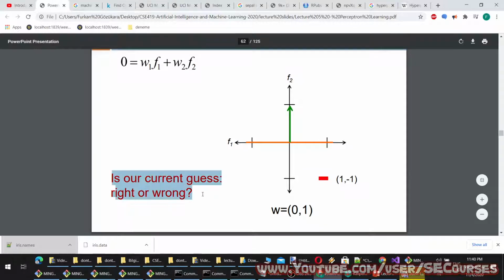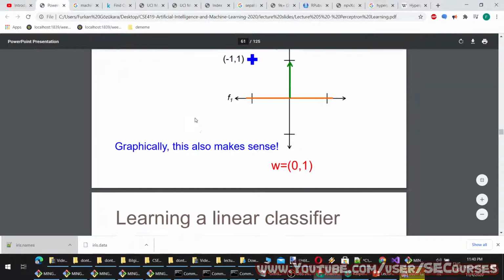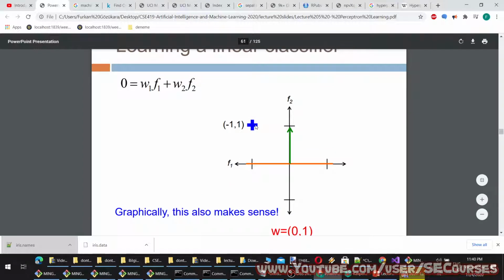Okay, so let's recalculate. Is our current guess right or wrong? Let's first check this one, whether it's correct or not. With weight 1 being 0, this becomes 0. And weight 2 is 1, so this becomes 1. So this is equal to 1. Therefore, this one correctly classifies. Okay.